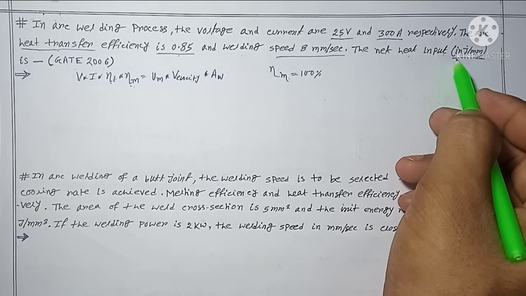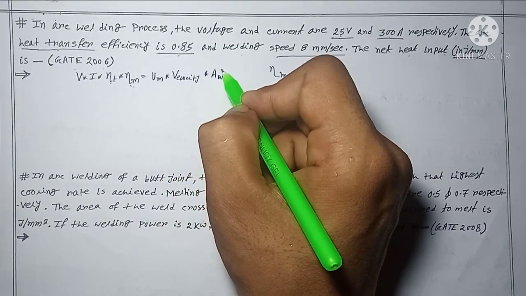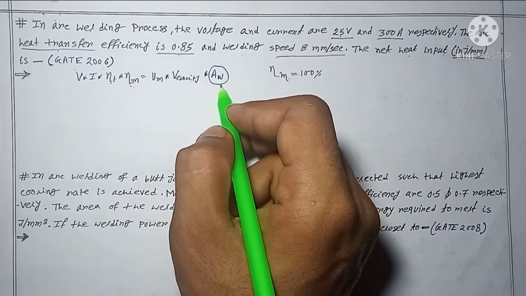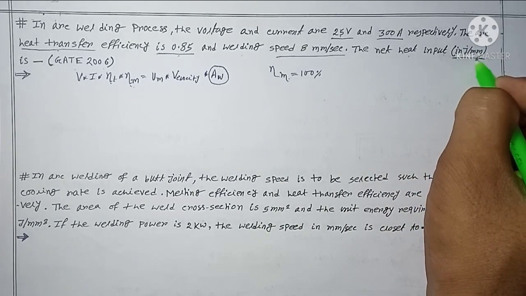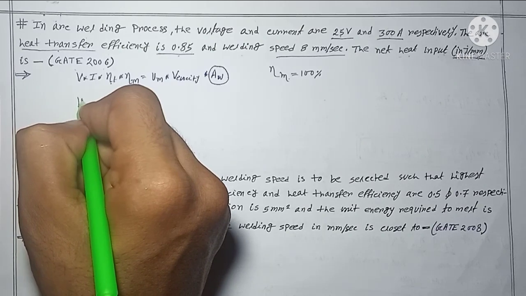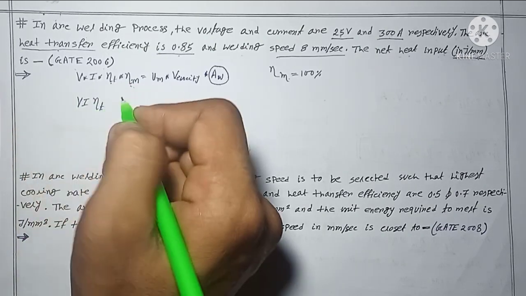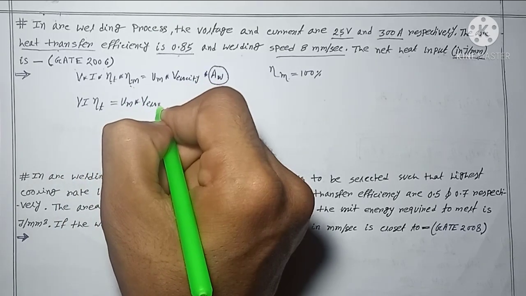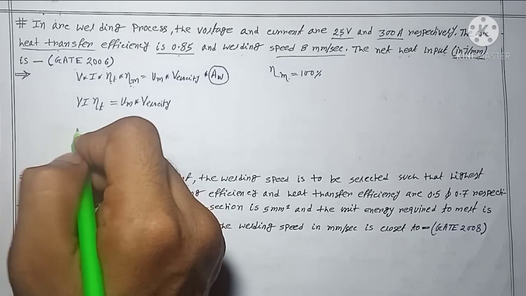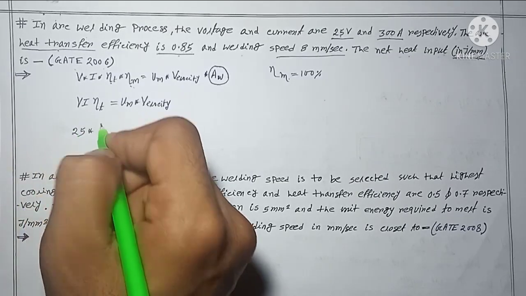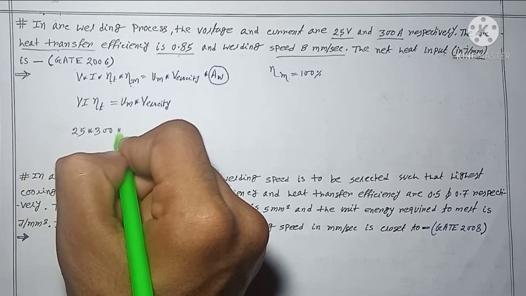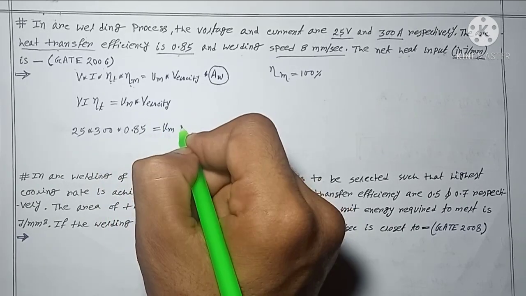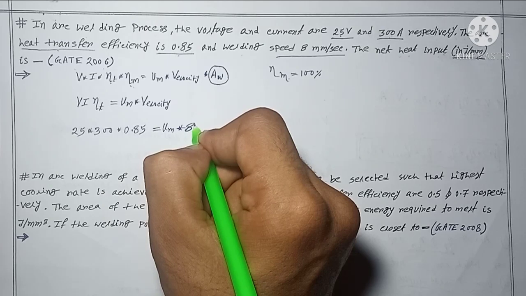Next, we have to find the heat input in joule per mm. If the heat input is in joule per mm, then there is no need to consider the weld area. So our relation will be voltage into current into transfer efficiency equals heat input into velocity. Here everything is given: V is 25 volt, current is 300 ampere, transfer efficiency is 0.85, we have to find heat input, and velocity is 8 millimeter per second.